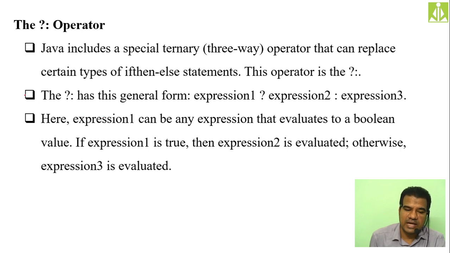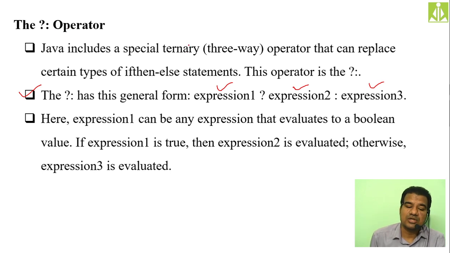If you see the second point, first it will take an expression, then a question mark, again one more expression, then a colon, again one more expression, because it is taking three operands. Three expressions as operands. That's the reason we call this question mark, colon, or conditional operator a ternary operator.